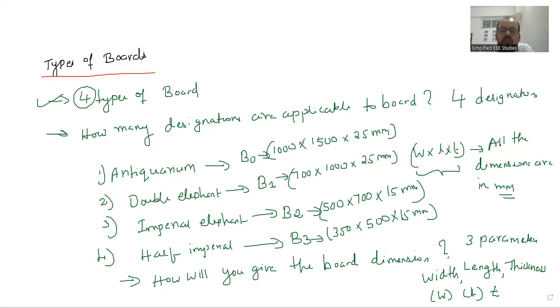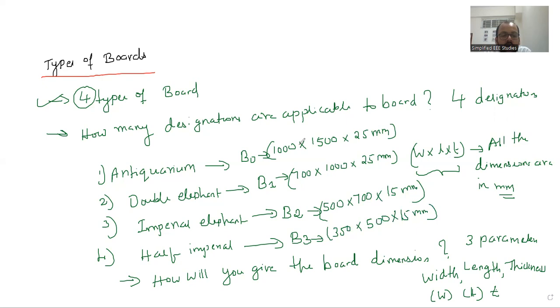It's an objective type question. Apply some tricks and identify the dimension of that particular board. They may ask that the thickness of imperial elephant type board is dash, 15 millimeter. Similarly, the length of antiquarium type board is dash, 1500 millimeter.